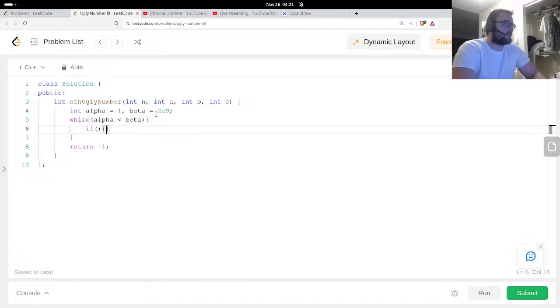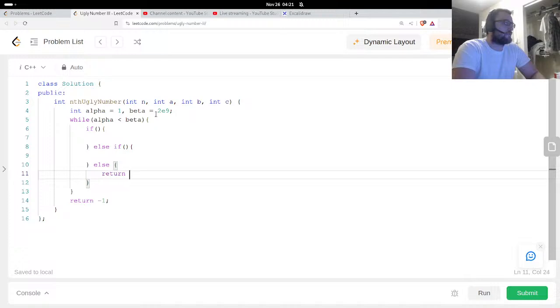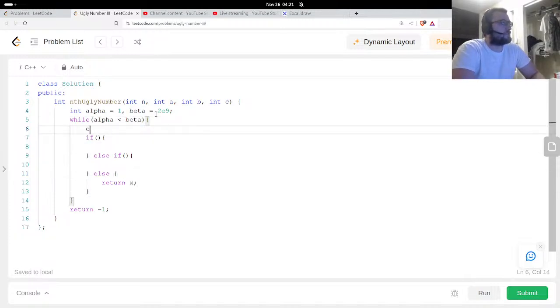So mid is going to be beta plus, so beta is going to be the larger of the two, alpha is the smaller of the two. Beta minus alpha, bit shift to the right 1. So create this midpoint.